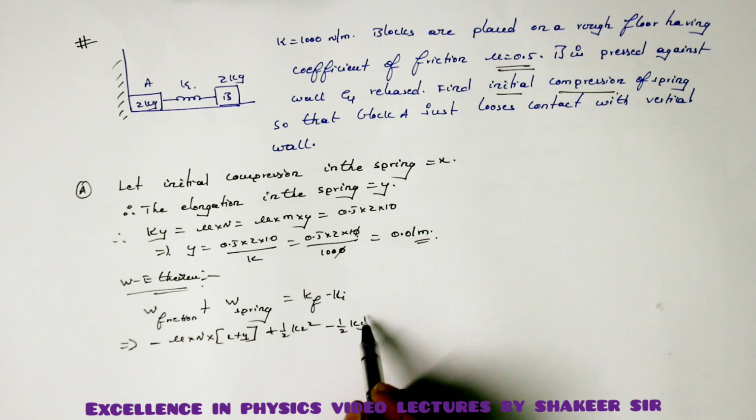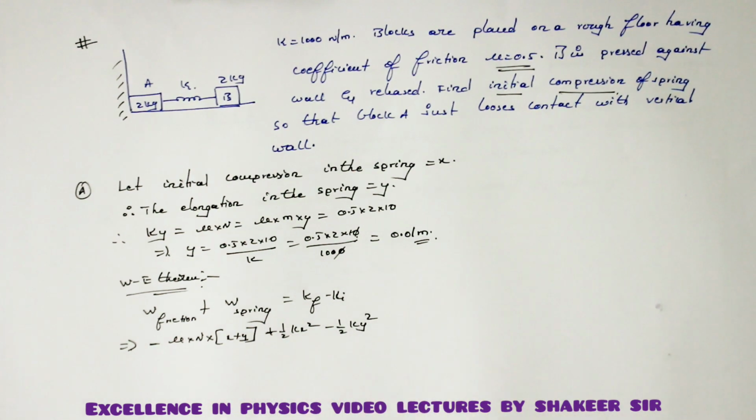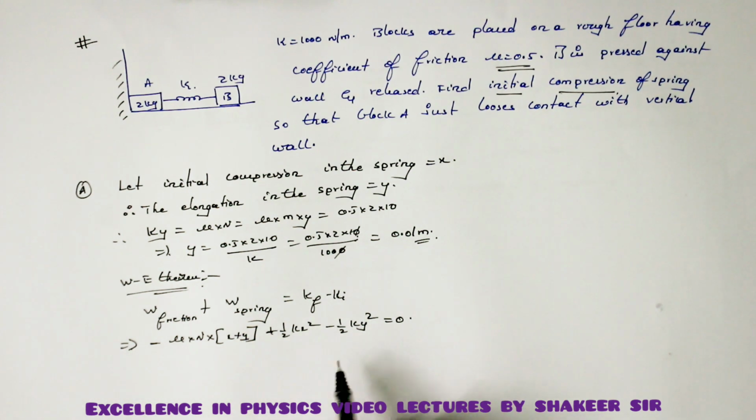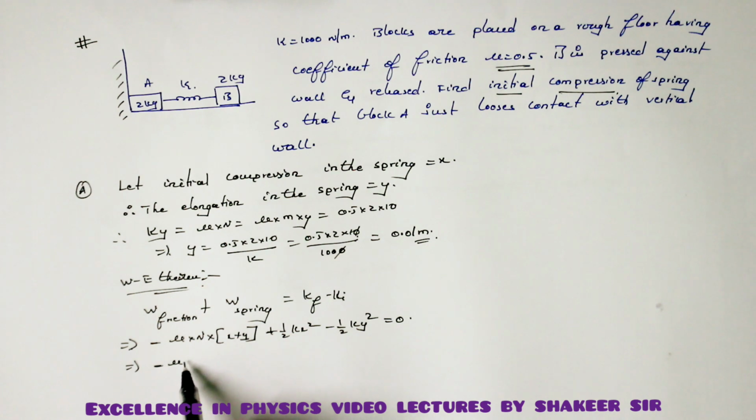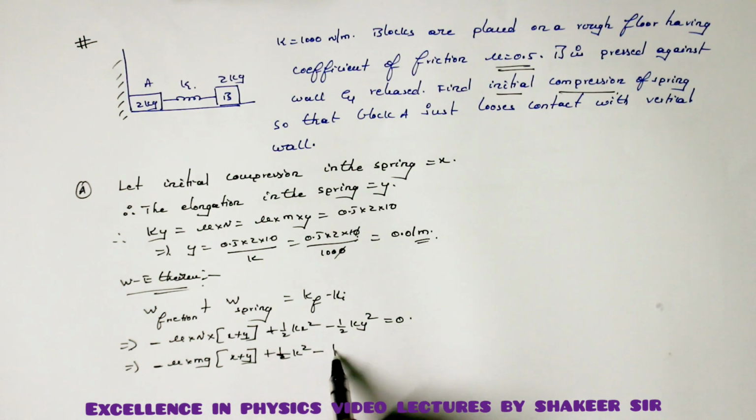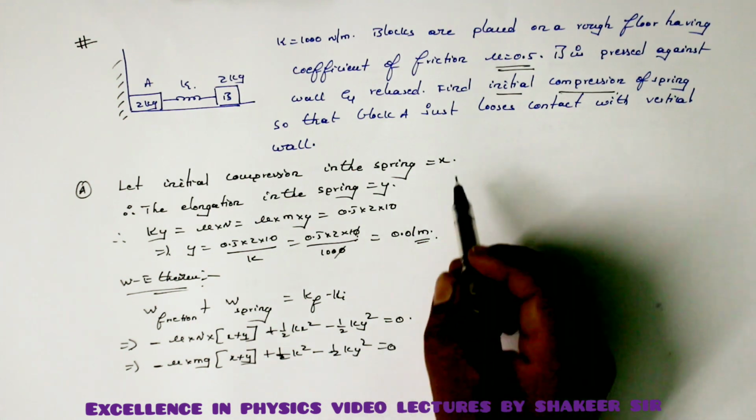I hope you can understand why it is positive and negative, because we have already discussed these things in the previous conditions. Totally it should be equal to 0. So minus mu into, here the normal reaction is nothing but m into g, into (x plus y), plus half kx square minus half ky square, totally equal to 0.